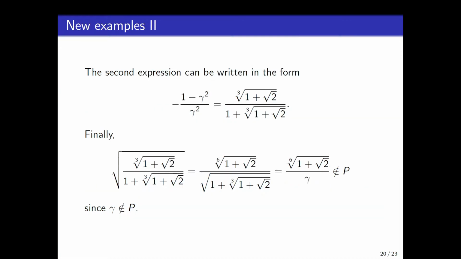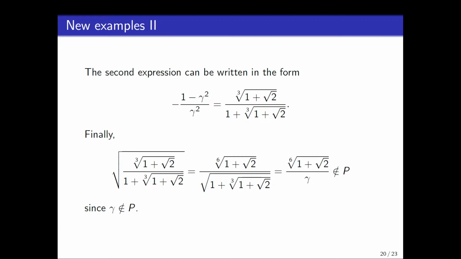And the second number is this, and again, it is quite obvious that it is not in P, because here we luckily get in the numerator a radical of nesting depth 2, and it actually doesn't matter here.